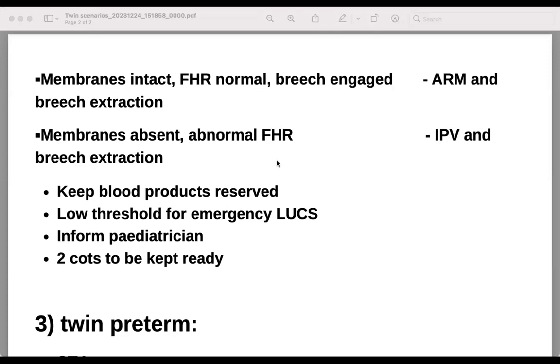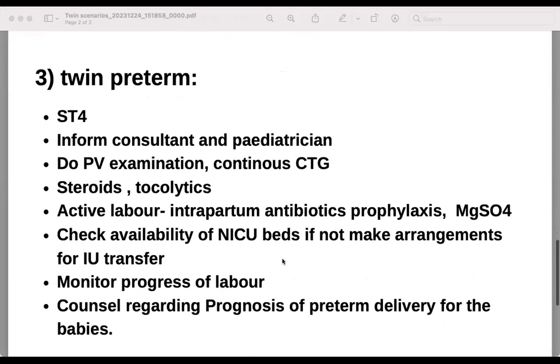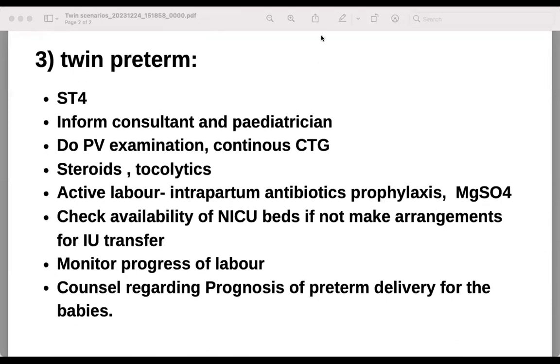I have a low threshold for emergency cesarean section, and I need to inform the pediatrician and ensure that 2 cots will be ready for the 2 babies, if needed. If the twin comes as a preterm case, please remember that this is again your job. It comes from the ST4; the ST4 can attend the delivery of the preterm twin. So inform the consultant and the pediatrician.